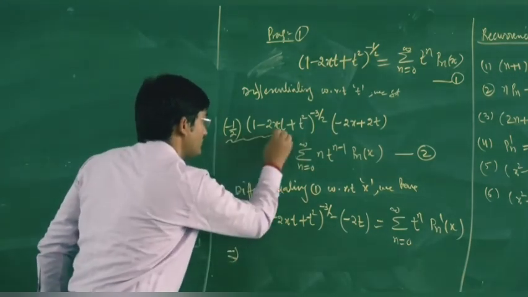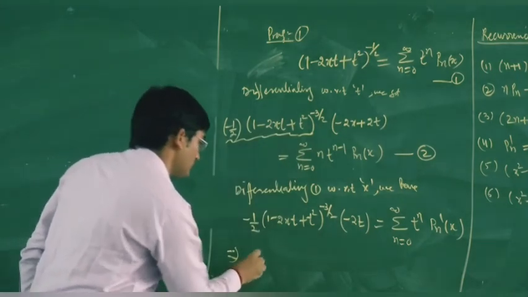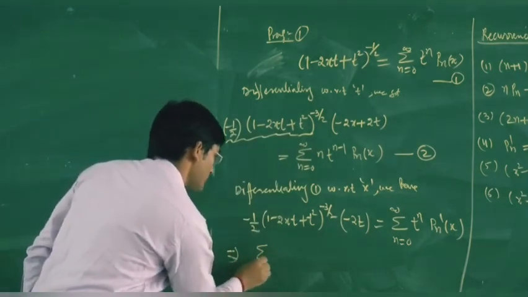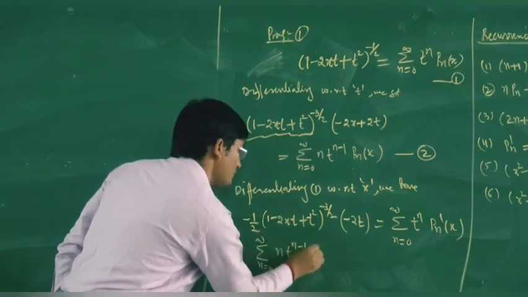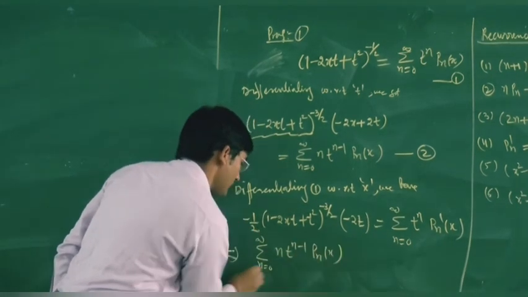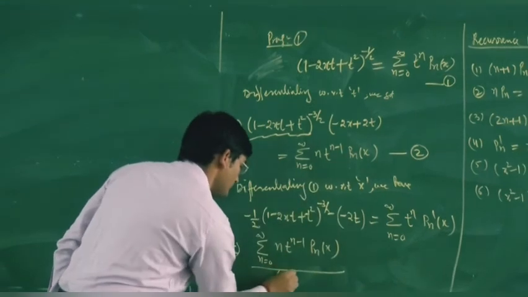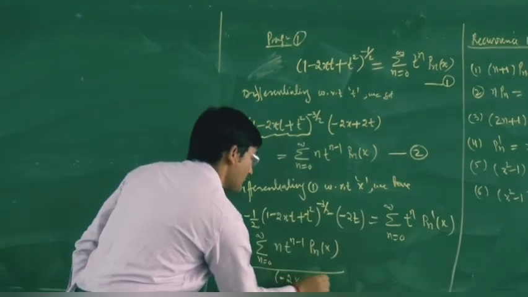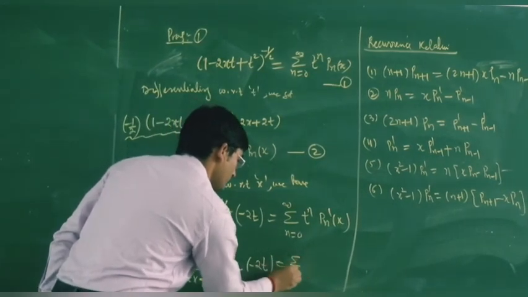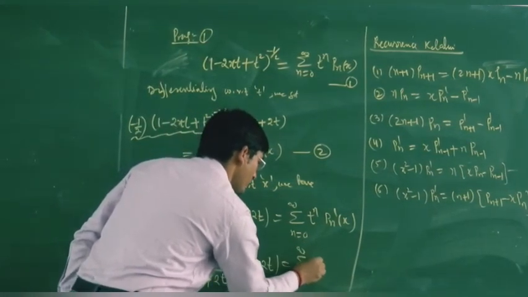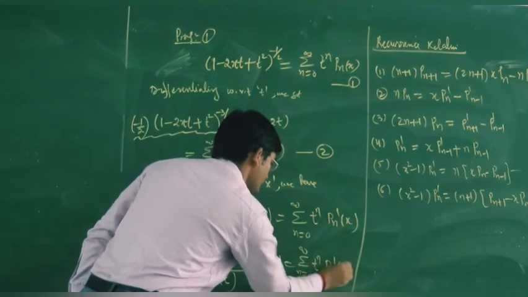the value of this can be written as summation n equal to 0 to infinity n t power n minus 1 into Pn x divided by this term, minus 2x plus 2t, and then we have minus 2t, and in the right hand side we have summation n equal to 0 to infinity t power n Pn dash x.